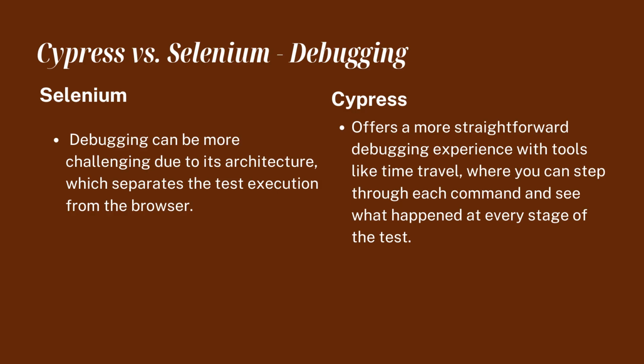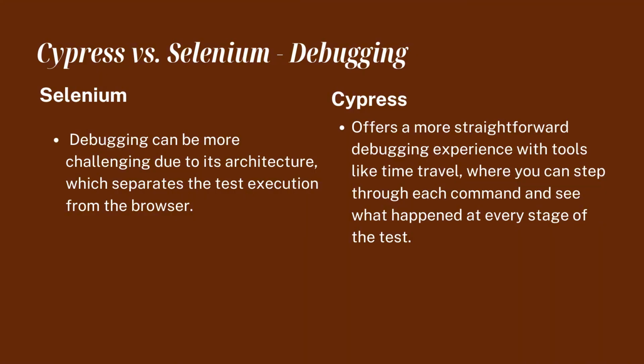And then for debugging, Selenium debugging can be more challenging due to its architecture, which separates the test execution from the browser. And these tests fail a lot too, because so much happens outside of the browser, the test execution, then you have to maintain the Selenium scripts quite a bit, and there's a lot of failures. The percentage of failures that happen with Selenium is quite more because of the way the test scripts run.